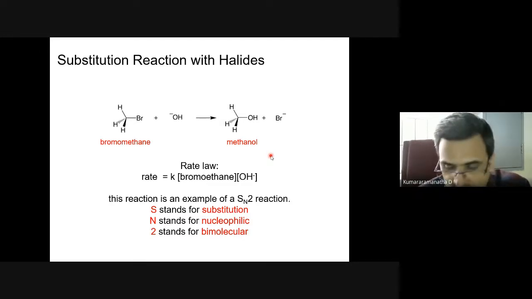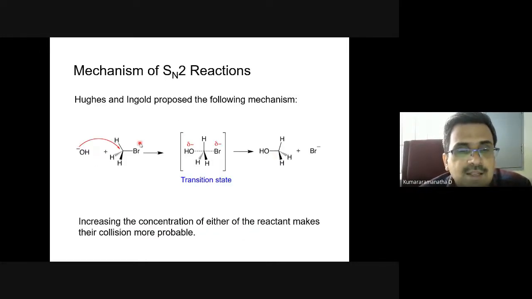Now let us see the mechanism more deeply. For SN2 reaction mechanisms, Hughes and Ingold proposed the following mechanism, where the hydroxyl group will attack, and at the same time the bromo will be there at the transition state.